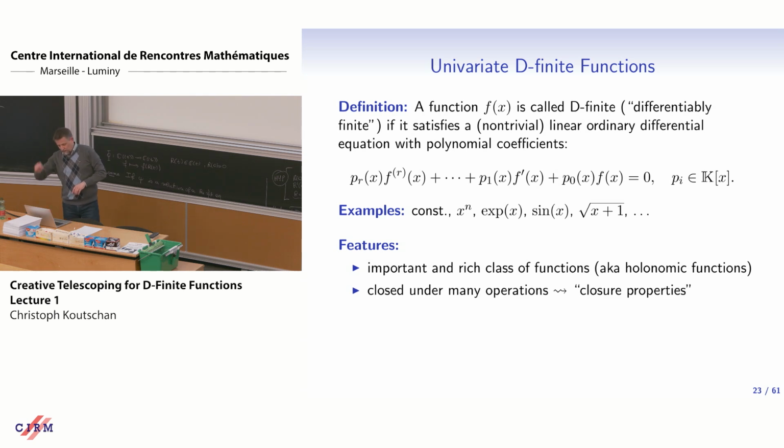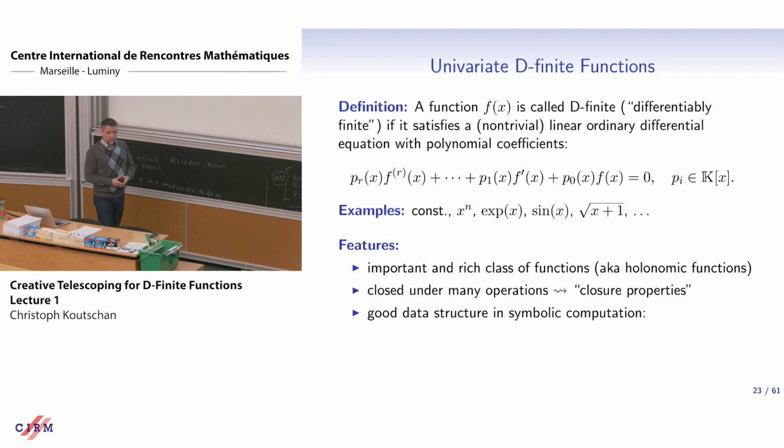That's also fine. The next feature of this class of functions is that it's closed under certain operations. So when you add two such functions, the result will be again D-finite and so on. I will make this more precise on the next slide. And it is a very good data structure for doing symbolic computations, because if you have such a function that satisfies such a differential equation, it means you can specify this function using a finite amount of data, a finite amount of bits.